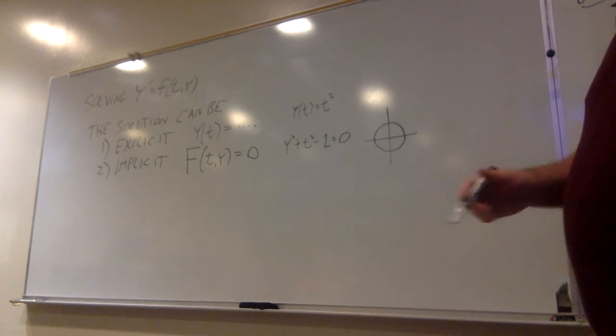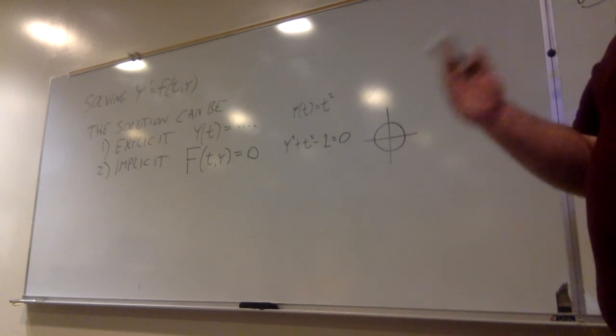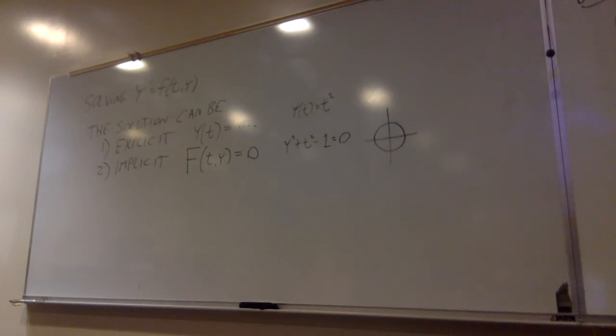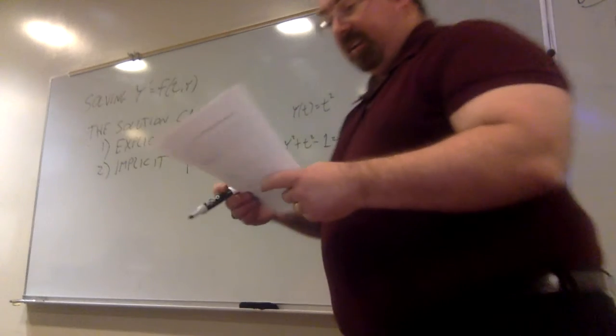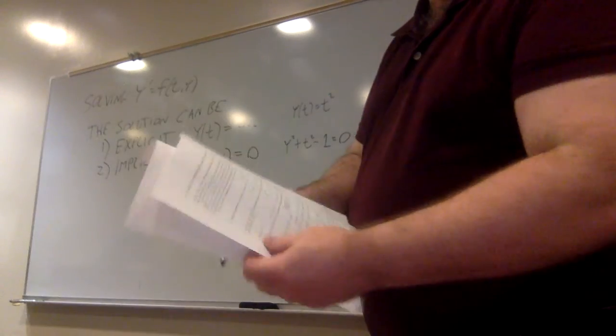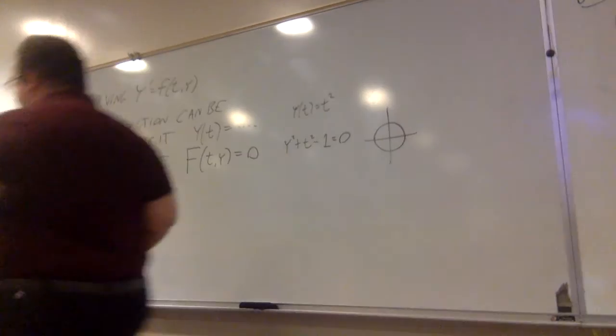And in some cases, that's all the problem will ask for. You're allowed to stop at that point. Some problems, like in the homework, will say, find an explicit solution, y equals. In that case, you've got to go all the way and solve for y. So pay attention to the wording of a problem. I may also use that on a test, where in some cases I really do want an explicit solution. Other times, I'm fine with leaving it like that.